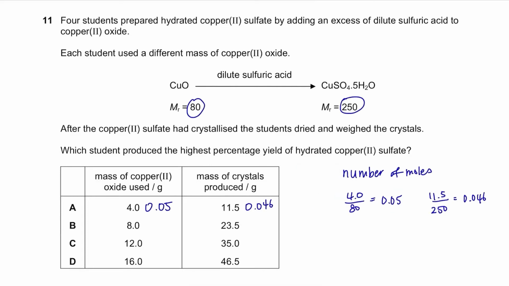Now, to find the percentage yield, divide 0.046 by 0.05 and multiply it by 100. It's 92%.